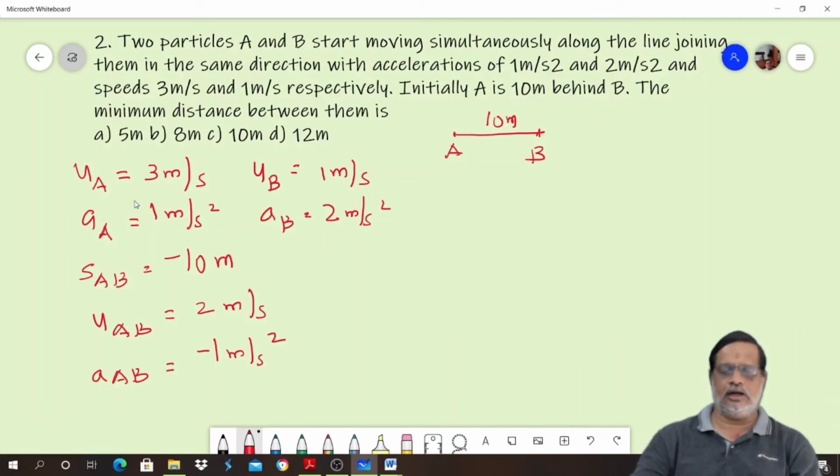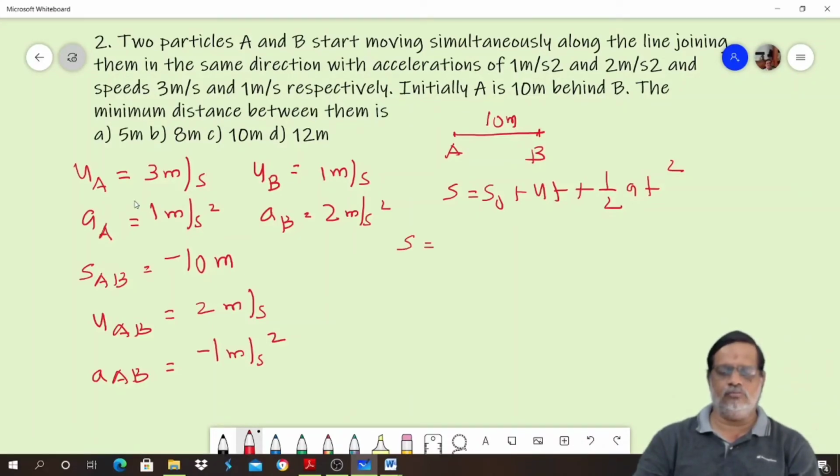Now let us write the equation S equal to S0 plus UT plus half AT square. Here S is the separation or the distance between them, which is going to be minimum.